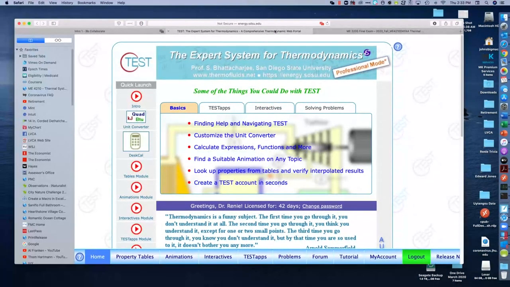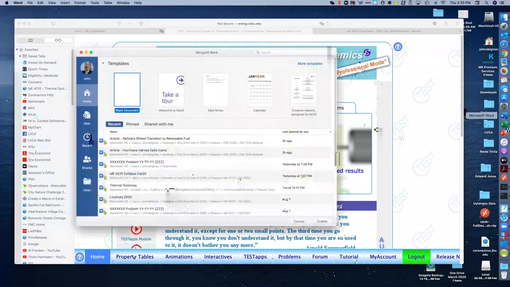If I want to actually copy material from the test document to put into Word, I will have to stop sharing the desktop, Word in this desktop.